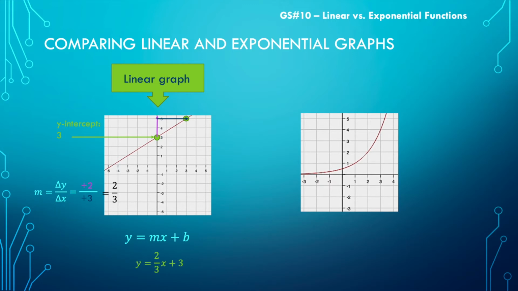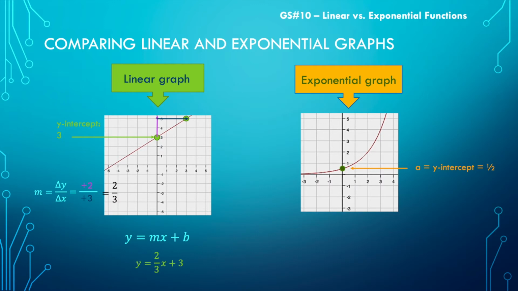Now if I'm looking at an exponential graph, it's not quite as straightforward, but it's not terrible either. Okay, so we can first look at this exponential function and identify the y-intercept. Now here we have the y-intercept as 1/2.